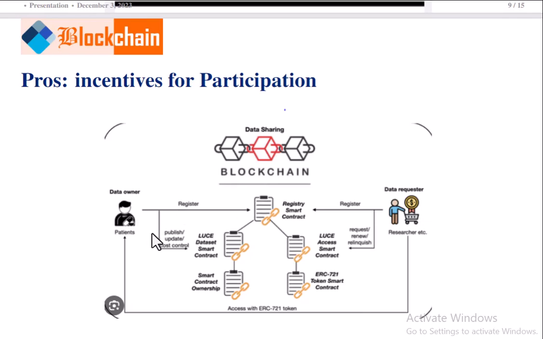The information about the cost or whatever he demands will be shared through the data sharing procedure. If anyone wants to participate, he will have to initiate the participation procedure.